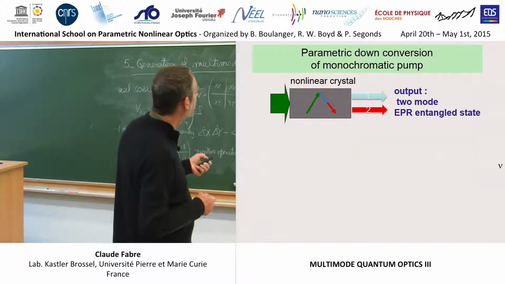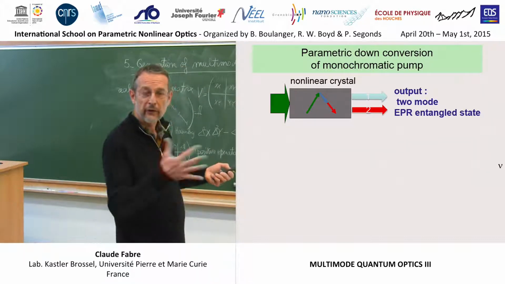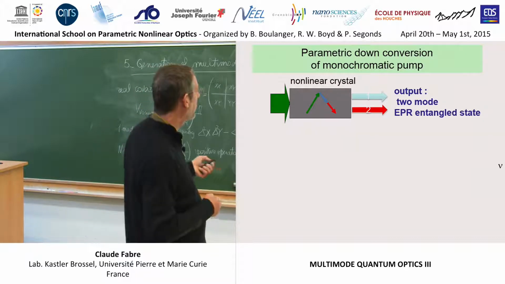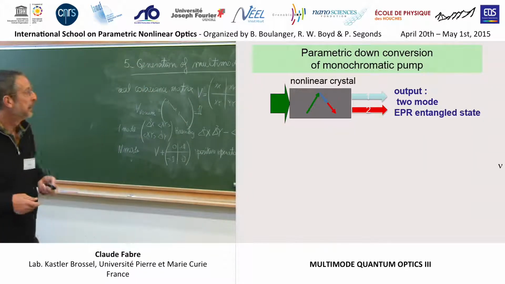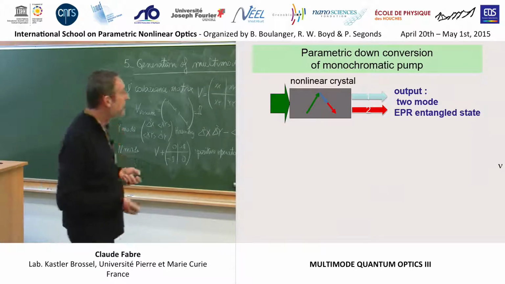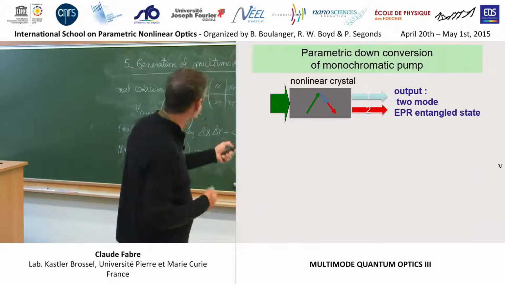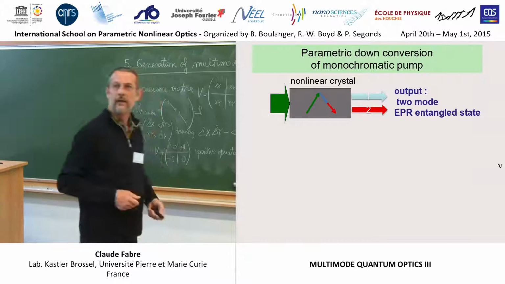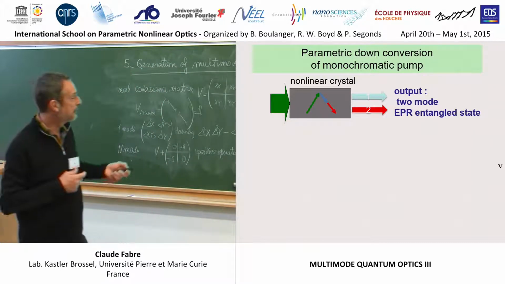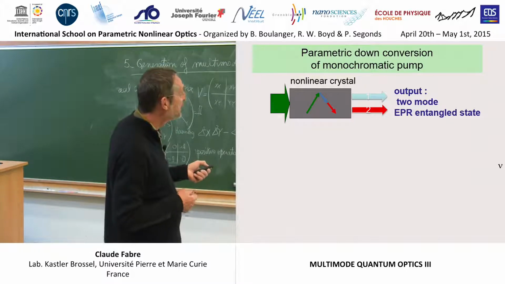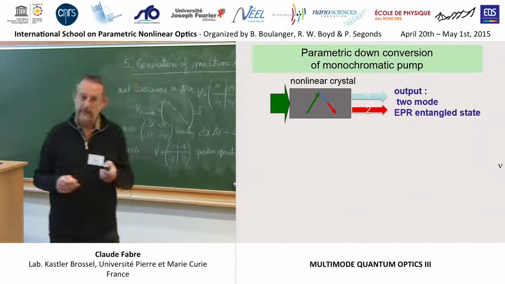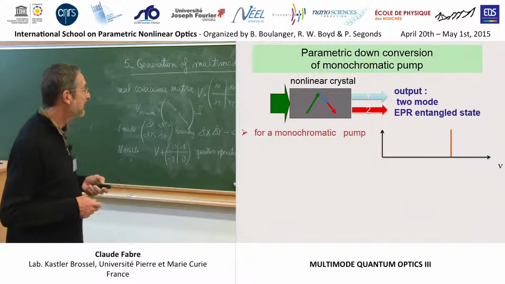And here, for example, I assume that this photon is in a given mode 1, frequency, direction, polarization, and the other is in mode 2, okay? So you can easily calculate the transformation, which is equivalent to the transformation that I showed you before. And what goes out of that is a two-mode EPR entangled state. So you get entanglement between the two with that.